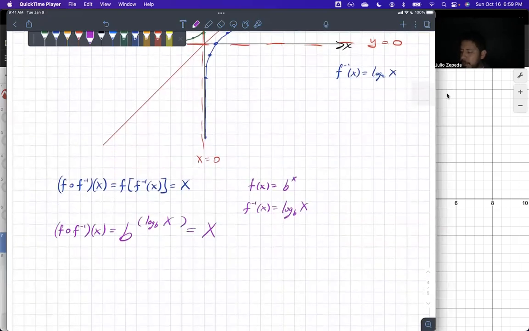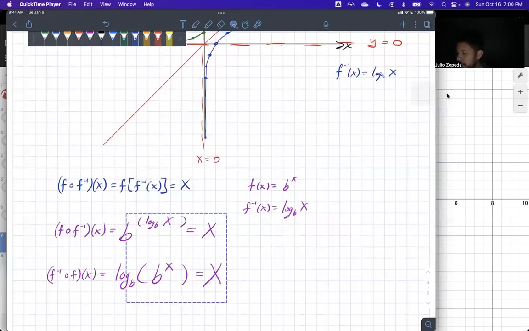And I can compose them the other way, f inverse of f. F inverse is the logarithmic function, the log with the base of b of, the input is going to be f. F is the exponential b to the x. If these two are in fact inverses, I should just get x.